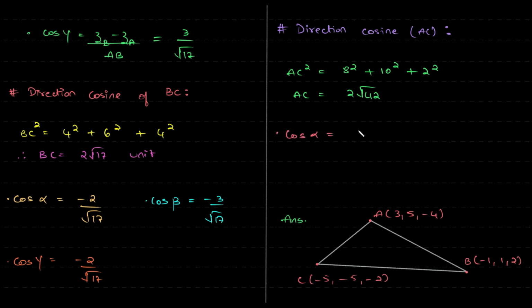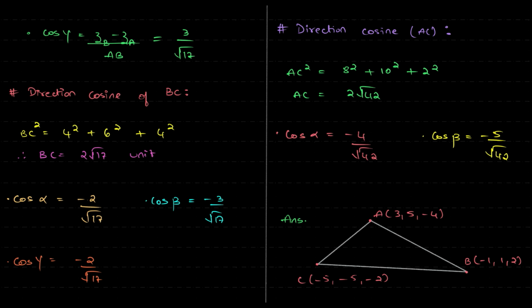So cos alpha over here, order matters, C is our destination. So -8 by 2 root of 42, which is -4 by root of 42. Cos beta would be -5 and -5, that is -10, so -5 by root of 42.